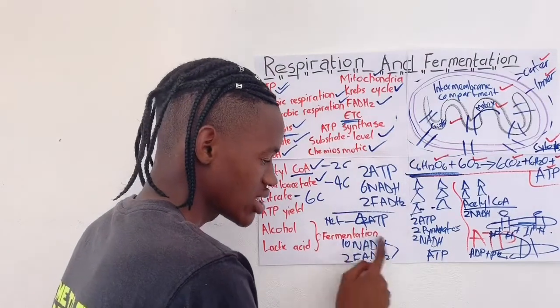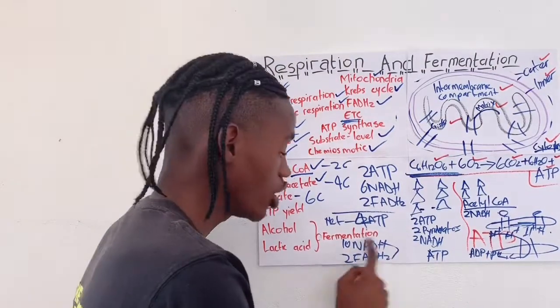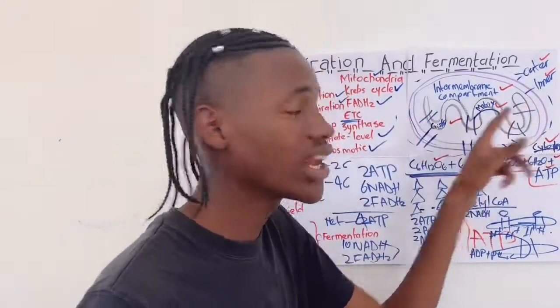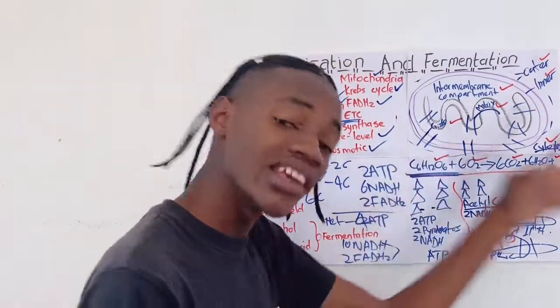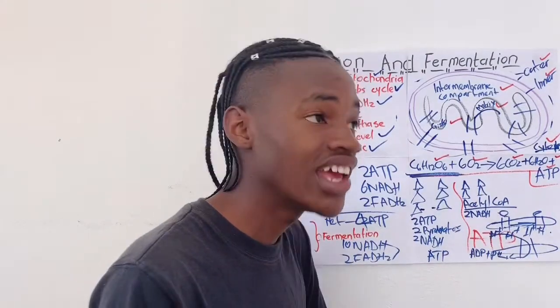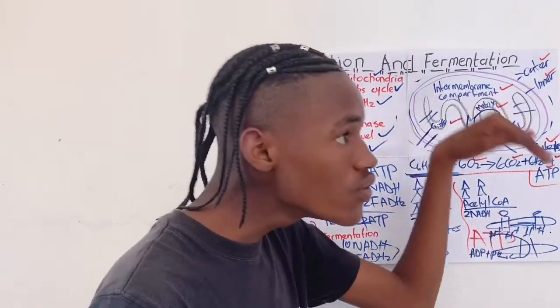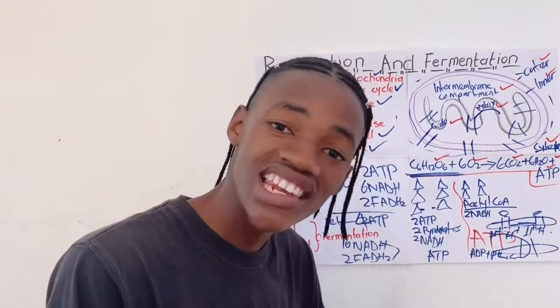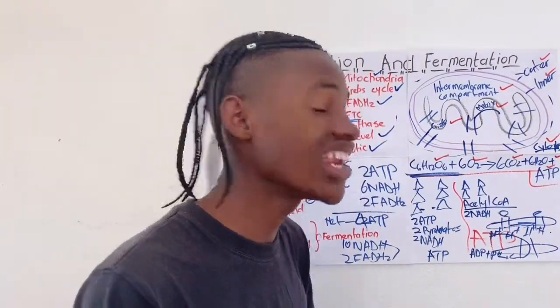And now remember that these energized molecules with energized electrons, they come into the electron transport chain, and they give their cargo to the electron transport chain. Then the electron transport chain moves these electrons, and while it moves them, it releases energy, which forms a potential energy gradient.